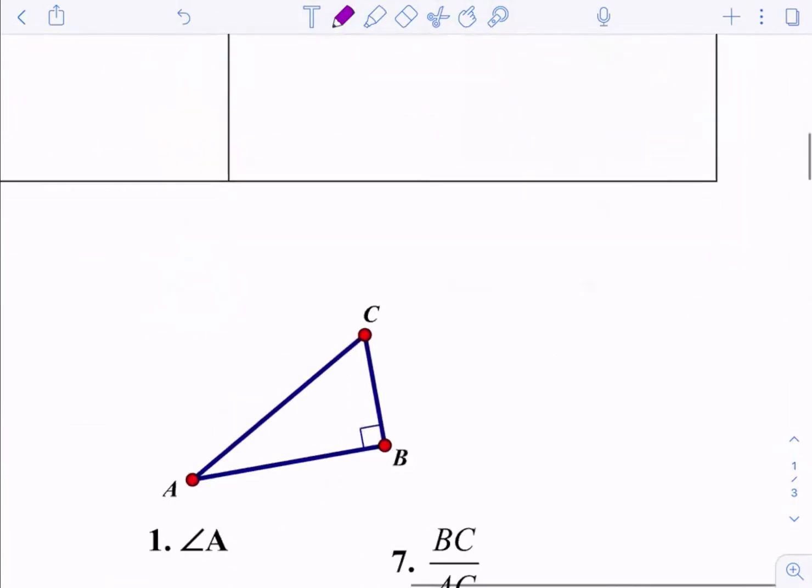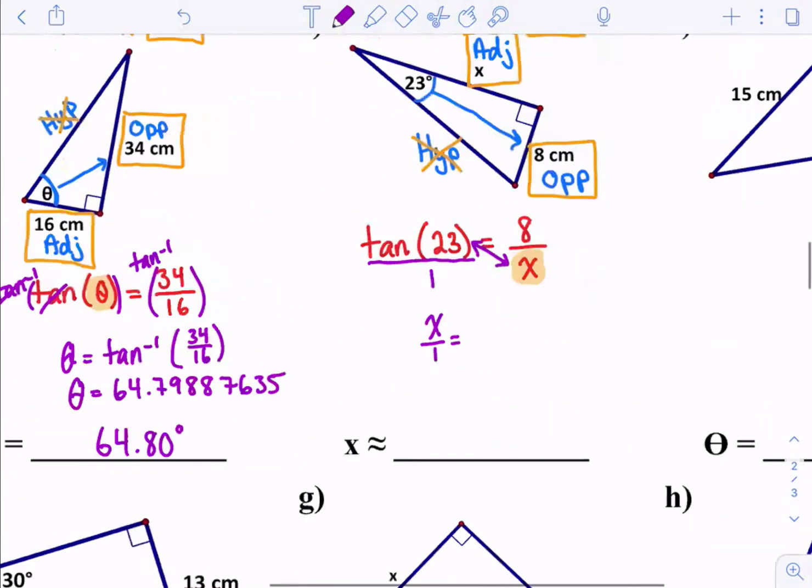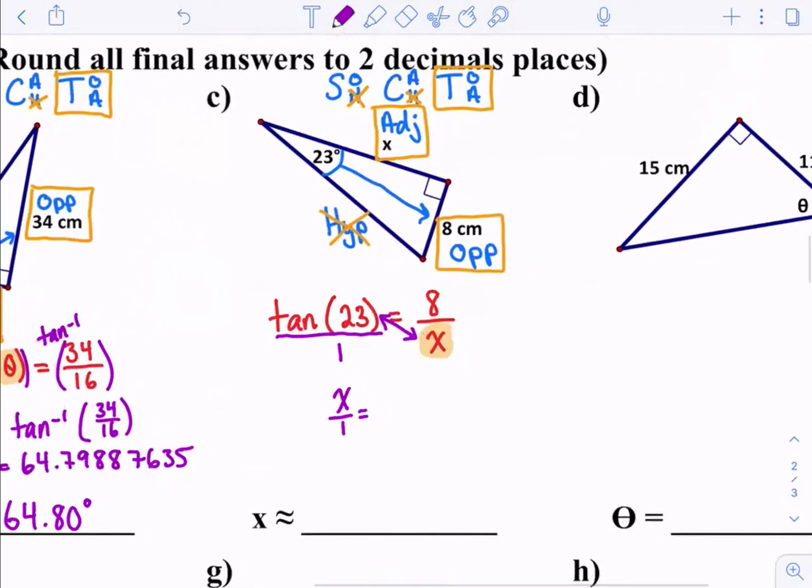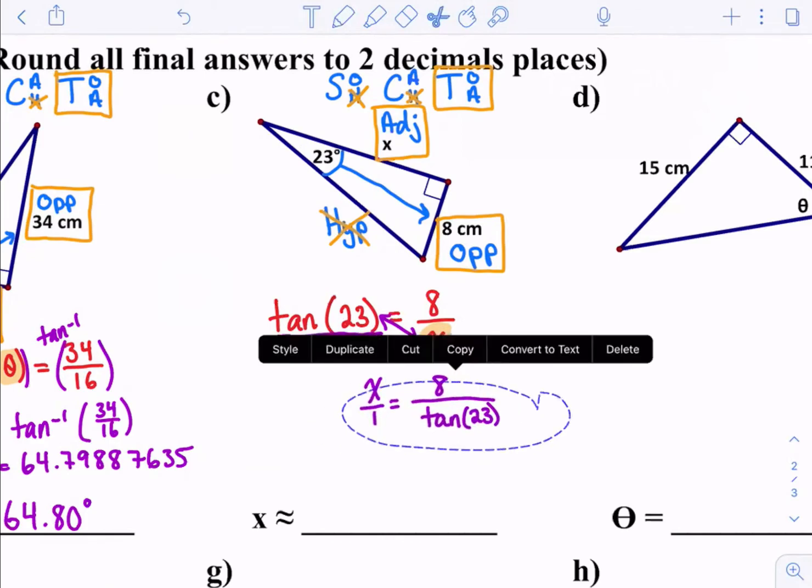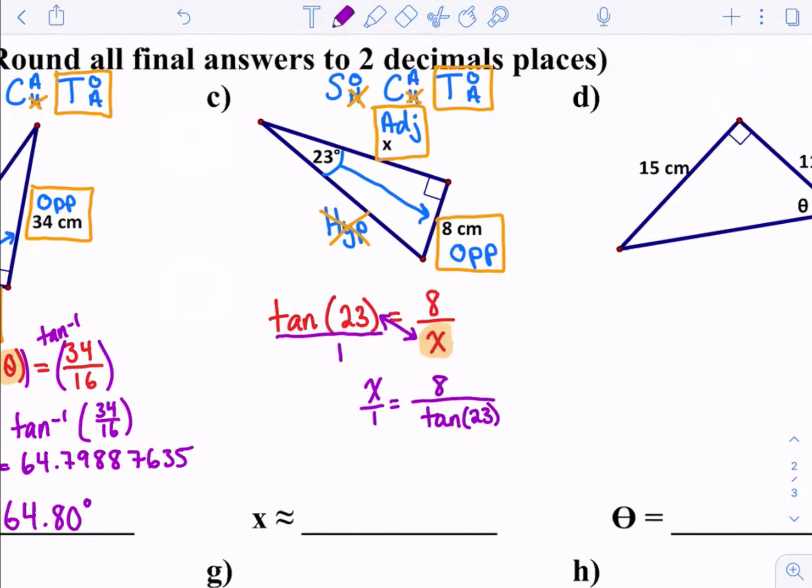Oops, hold on, I pressed a button. So x over 1 equals 8, stays on top, but now instead of x, I write tan 23. So what happens when it switched places, I now know what x equals. X is by itself. So I get x equals, and now I have to do 8 divided by tan 23.